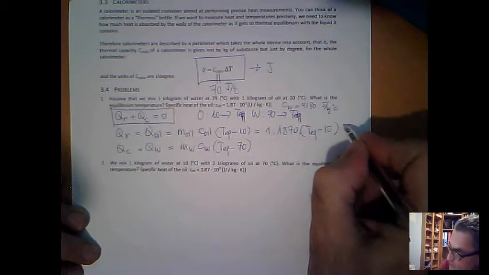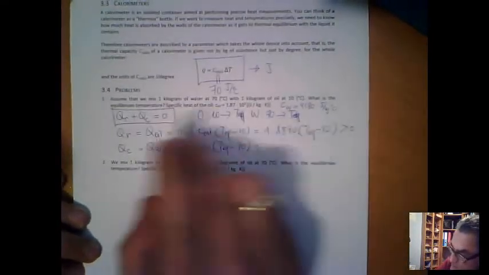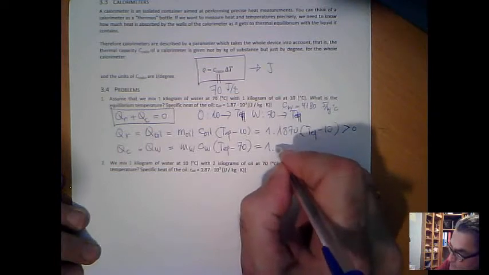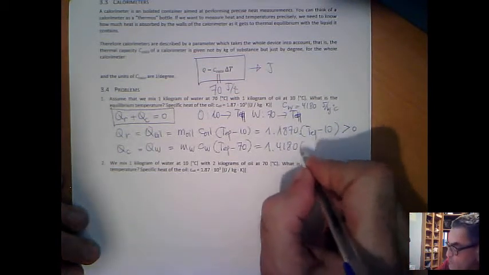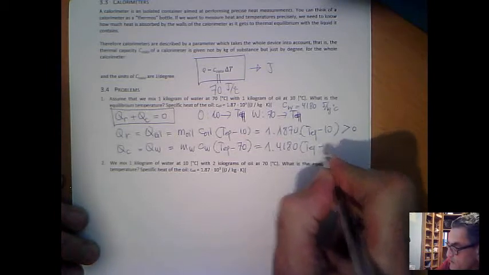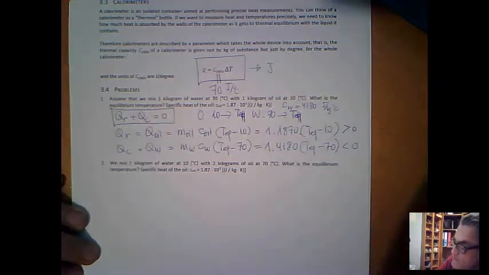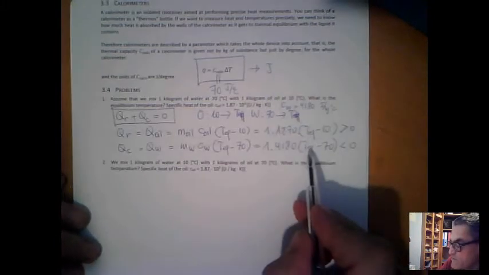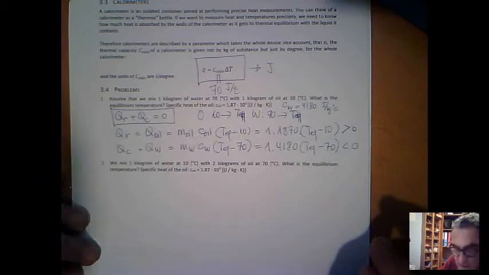This is obviously positive. While in the second case, we have 1 kilo of water, but now the C of water is 4,180, and here we have T equilibrium minus 70, and this is of course negative, because T equilibrium is smaller than 70.